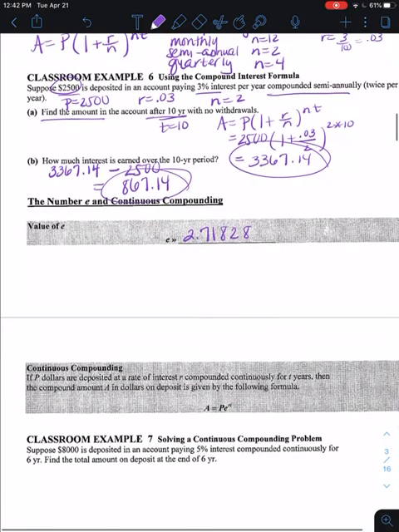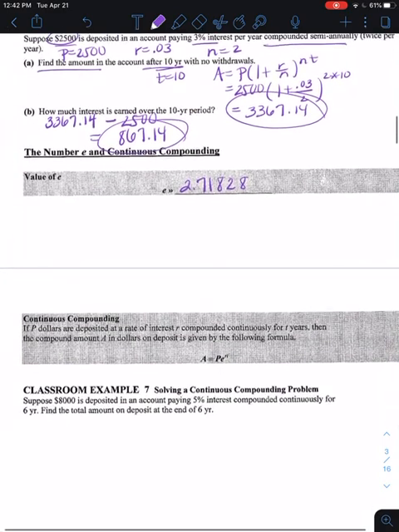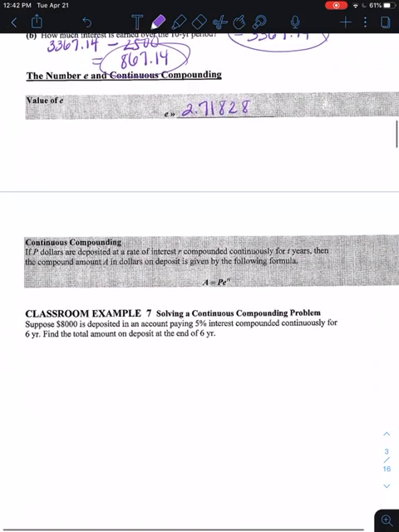This only applies when the word problem says compounded continuously. When it says compounded continuously, there's no n value. You have to use this formula, A equals Pe to the rt, or A-Pert. This is the only time you use this formula. You only use it if you see the words compounded continuously.